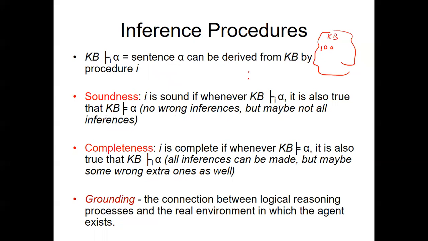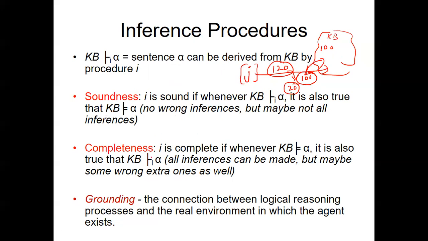Now say there is another inference algorithm J which is able to derive 120 sentences from KB, though the maximum is only 100. Out of these 120 sentences, say the first 100 are true, that is, they match the KB. The remaining 20 are not true, but still we call J complete, because it is able to derive all the sentences from KB.